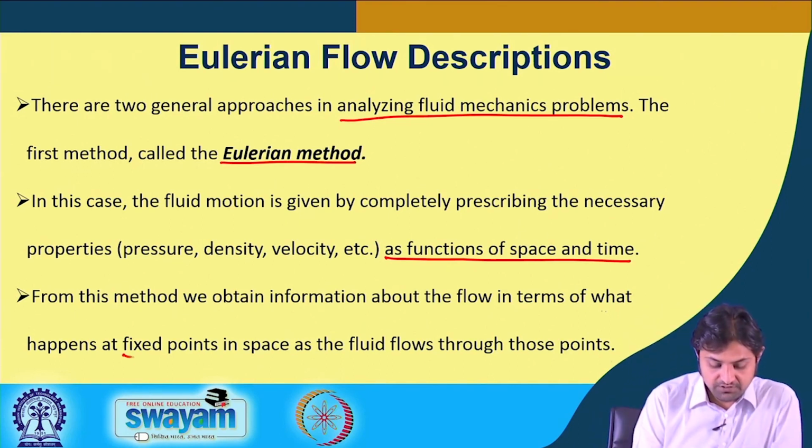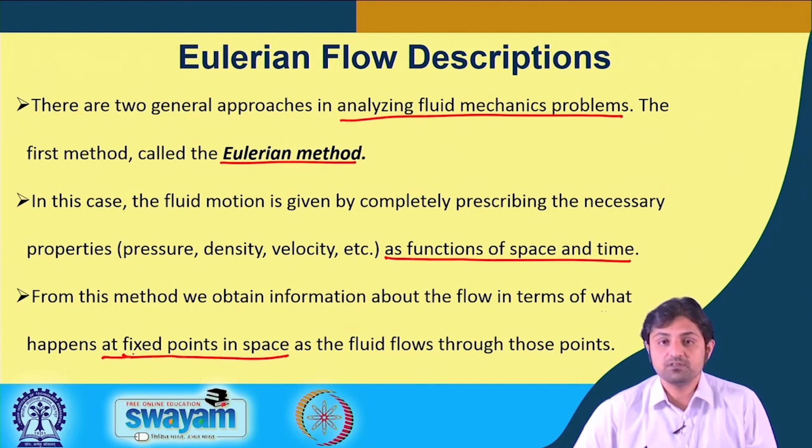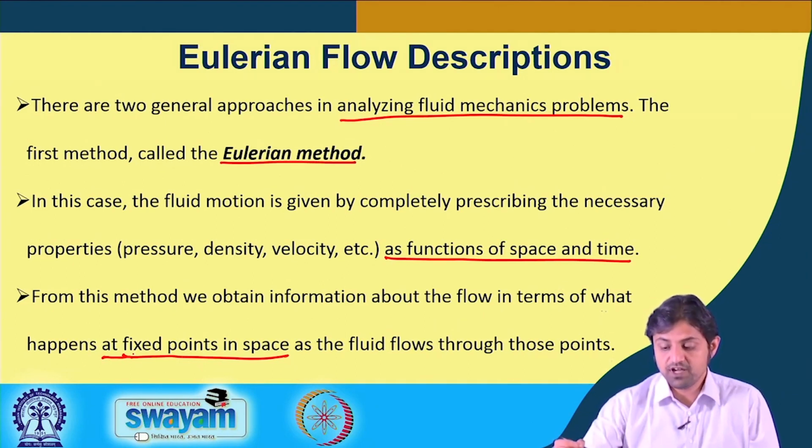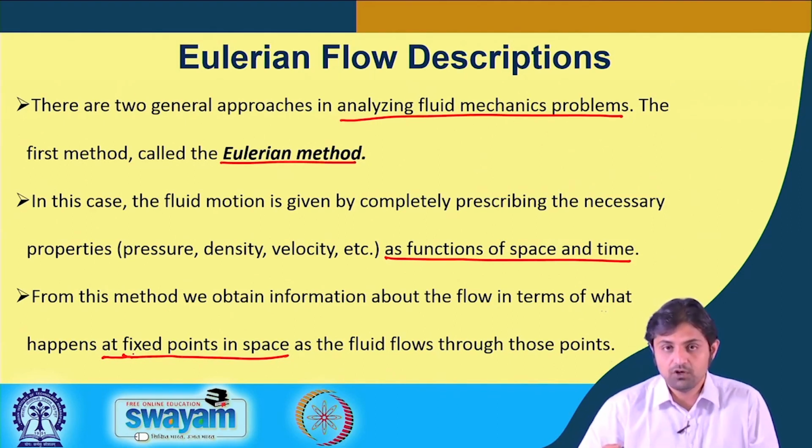So, this is very important. This is the main difference between the two descriptions. In Eulerian flow description, we describe the flow properties in terms of what happens at fixed points in space. The observation is also taken from a fixed point in space. Suppose we define a coordinate system beforehand and all the things are observed from it.